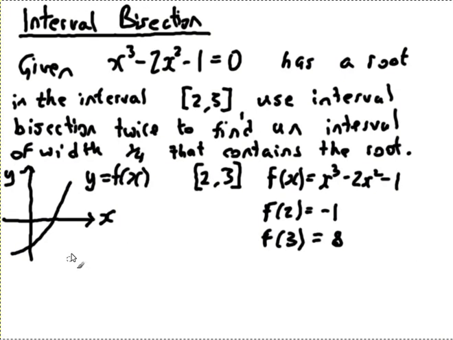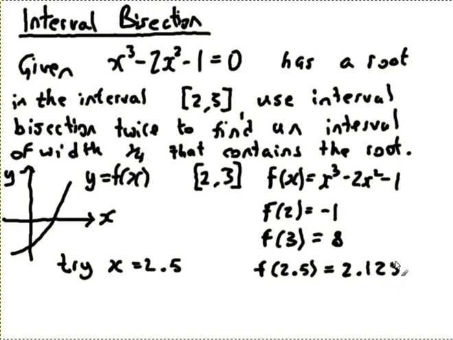Let's try x equals 2.5 because we bisect the interval. Plug in x equals 2.5, and I'm going to quickly do that on my calculator. 2.5 cubed minus 2 times 2.5 squared minus 1, and I get the answer 2.125.